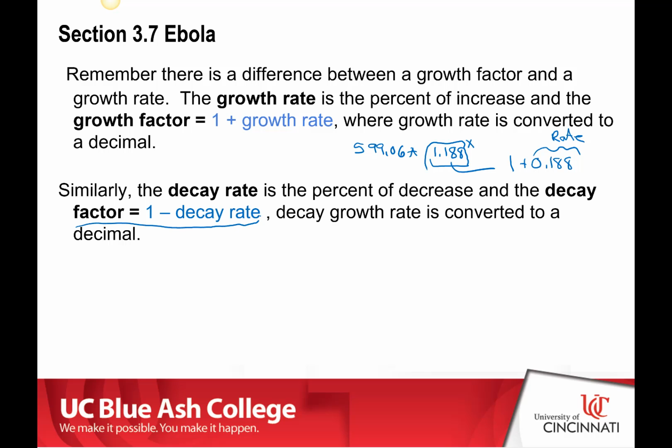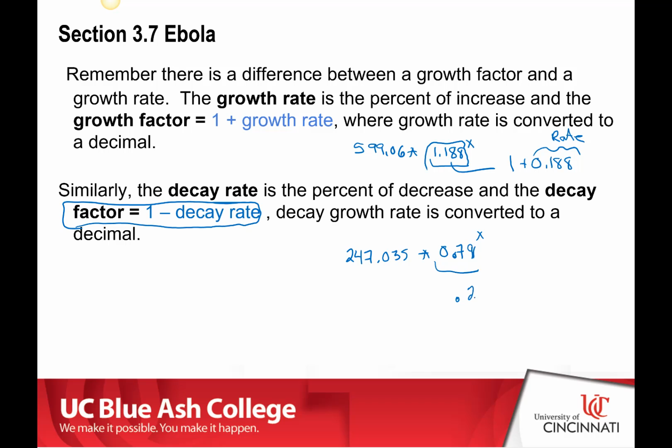The factor is 1 minus the decay rate. And remember, the factor would be something like 247.035 times 0.791. This would be the growth or the decay factor.